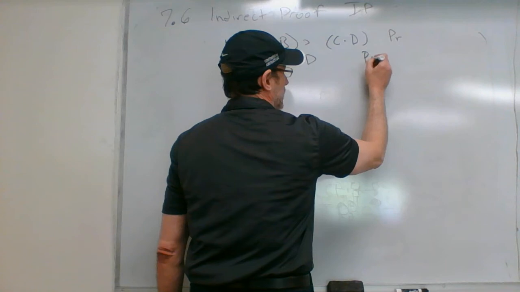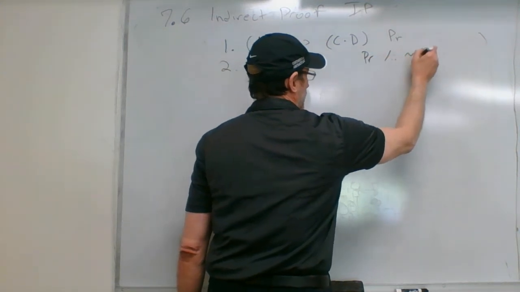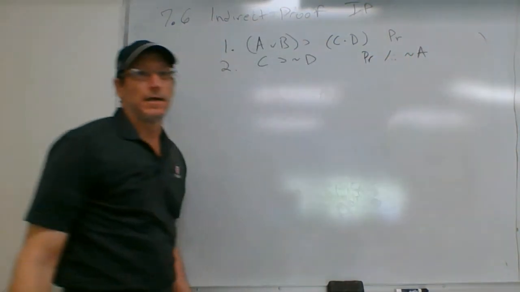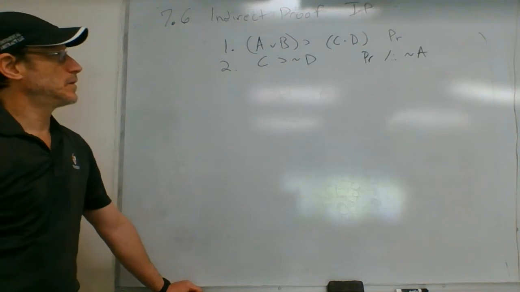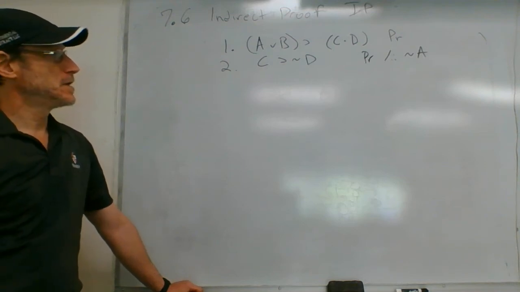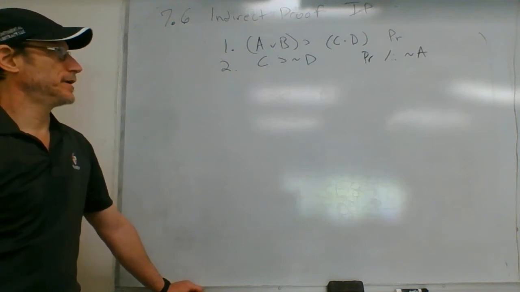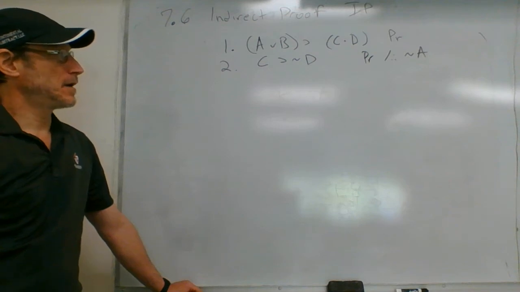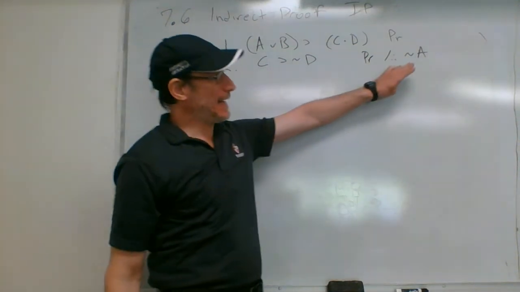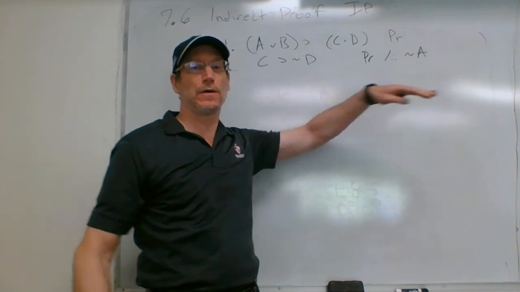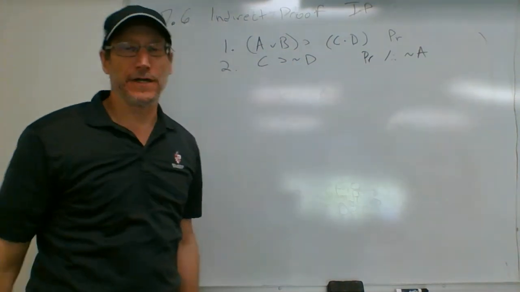I'm being asked to prove not A. Okay, so what can I do here? Well, in this case, I'm being asked to prove not A. So right away, I think of indirect proof.